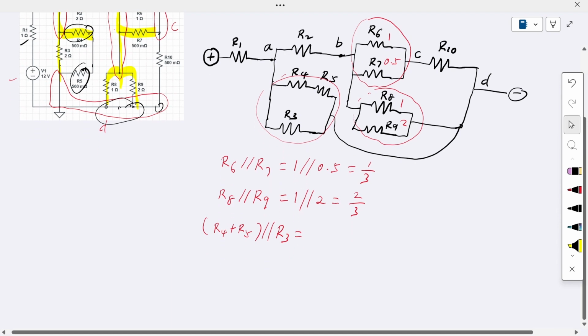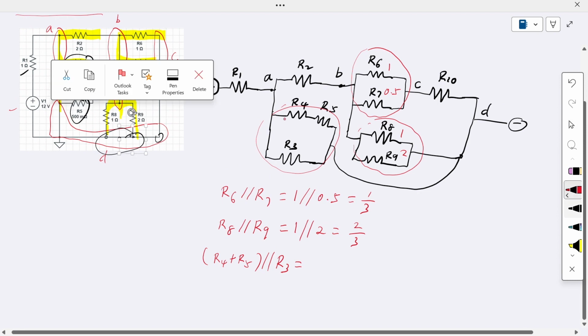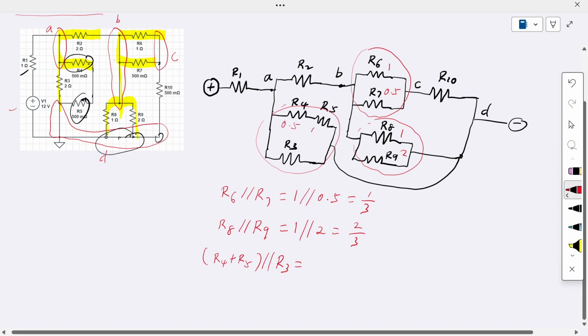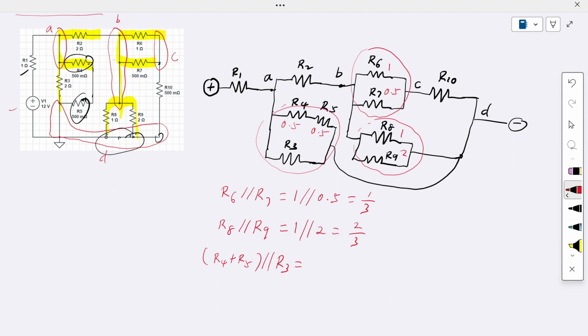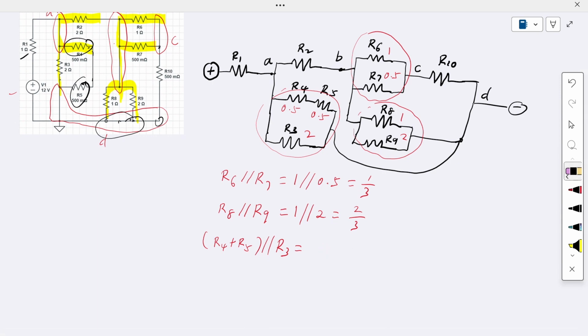R4 is 0.5 and R5 also is 0.5, and R3 is 2 ohms. So 0.5 plus 0.5 gives 1 ohm. This 1 ohm is in parallel with R3, which is 2 ohm, so that is the same as 2 over 3.